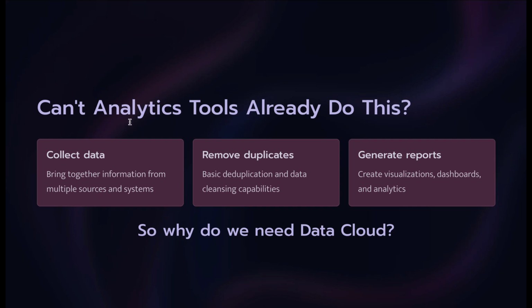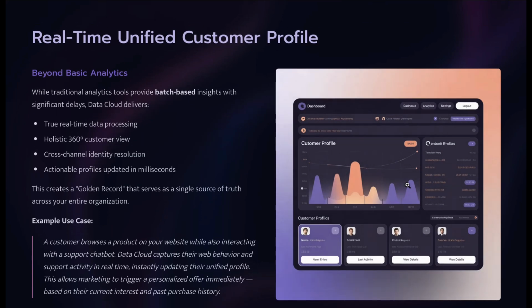The analytics tools cannot perform these activities in real time. If there is a change happening to the data set and I want to run the removal of duplicates and generate the visualization of the reports within that change, that is not real time in nature. That is the main difference, I can say. In Data Cloud, everything is real time.